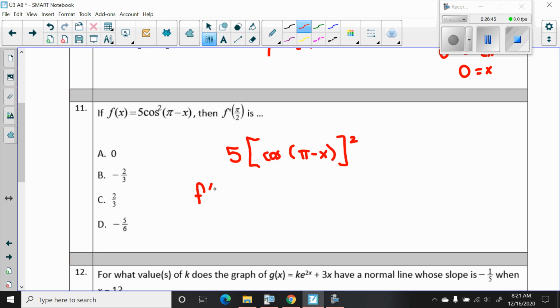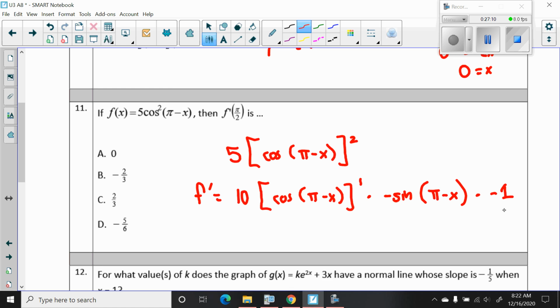So f prime would be 10 times the cosine of pi minus x to the first power times negative sine of pi minus x. So we did the derivative of the outside, we did the derivative of that, times the derivative of pi minus x, which is negative 1.